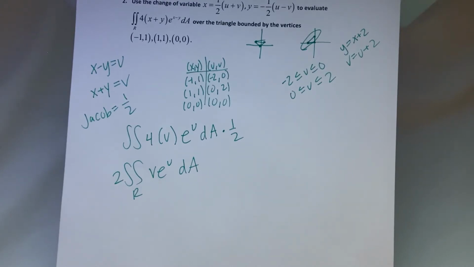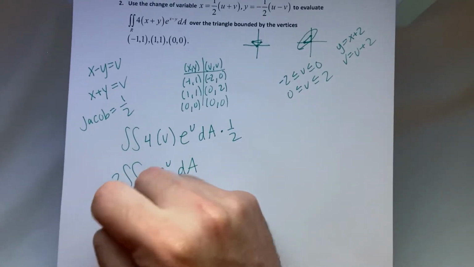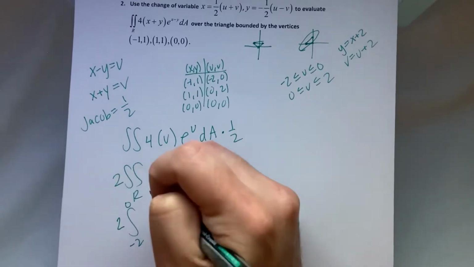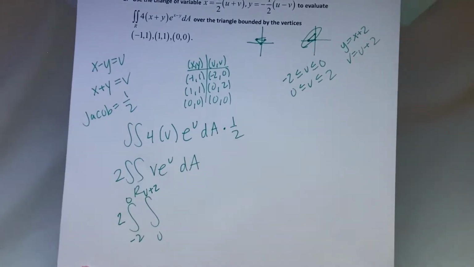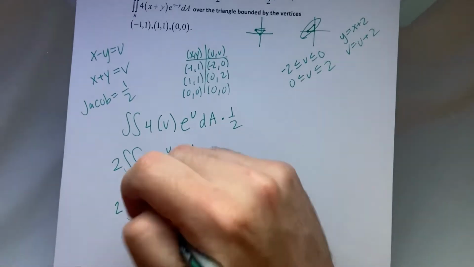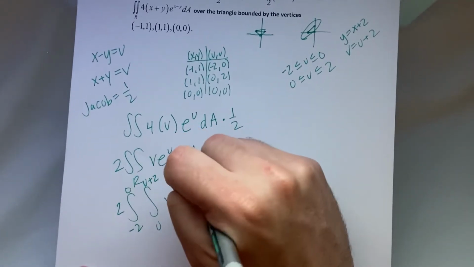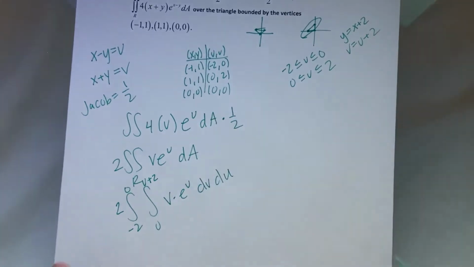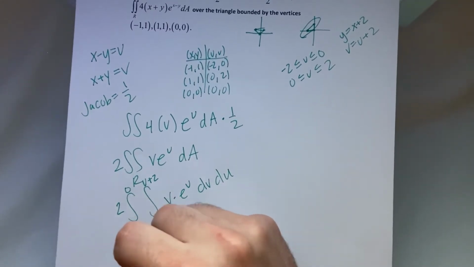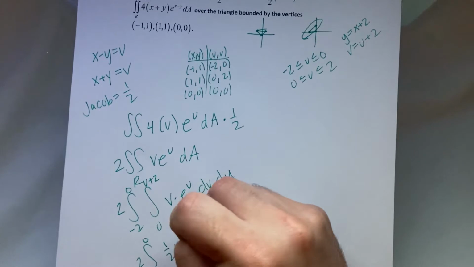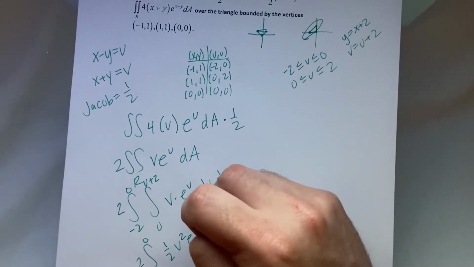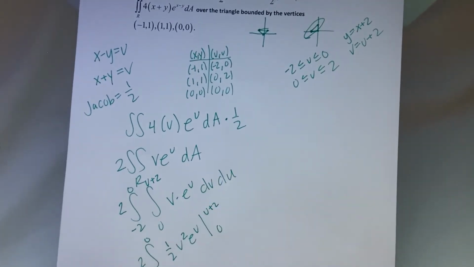If we do v first, that's fine. So we have 2 and an integral from -2 to 0 for u, and then v goes from 0 to u plus 2. This is v times e to the u, and now we have to do v first in order for this to work. What happens when you integrate with respect to v? It becomes 1/2 of v squared e to the u, evaluated from 0 to u plus 2. 2 times 1/2 is just 1.